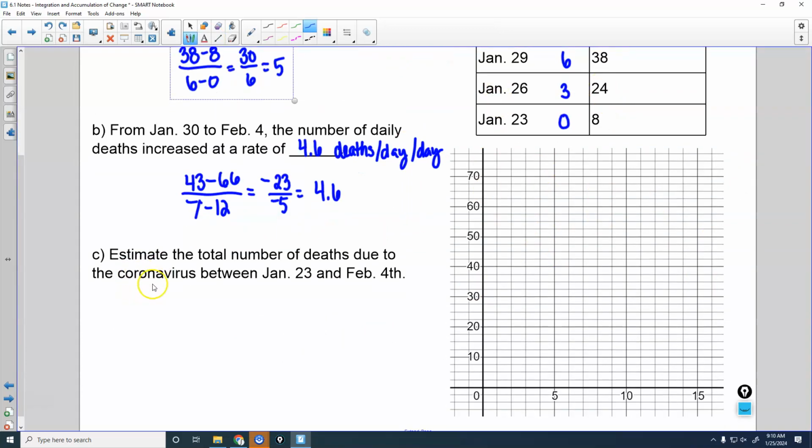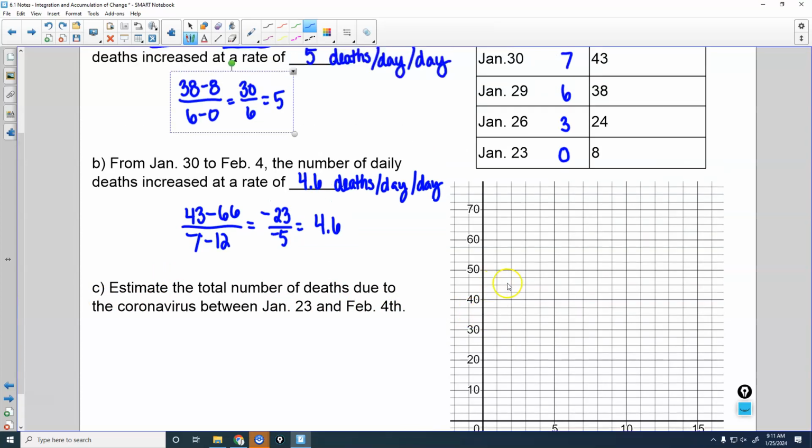All right. So then it says to estimate the total number of deaths due to the coronavirus between January 23rd and February 4th. So if we look at the graph here, at 0 we had 8. At 3 we had 24, which would be like right here.